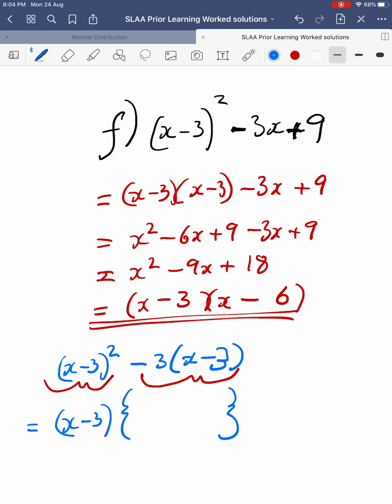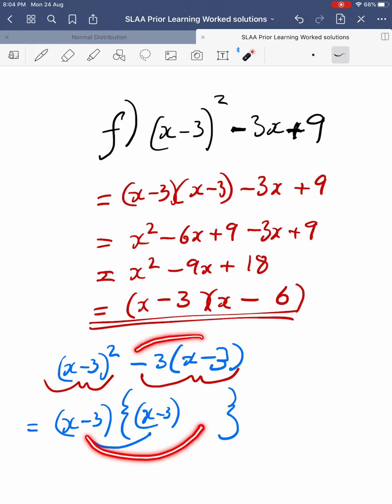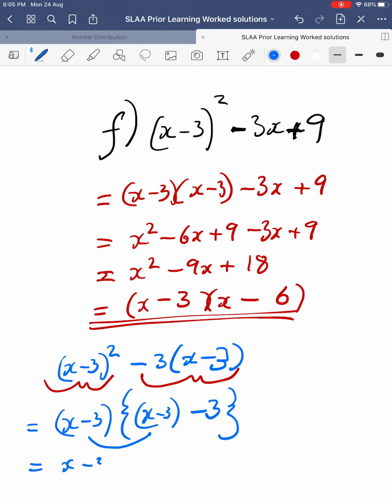And so x minus 3 times by something has to give us x minus 3 squared. Okay, so clearly in here we've got an x minus 3, and now x minus 3 times something has to give us negative 3 times x minus 3, and that should be simply negative 3. And when you finish that off, that's x minus 3 into x minus 6, which is exactly the same answer as before. So just have both of those techniques at your fingertips.